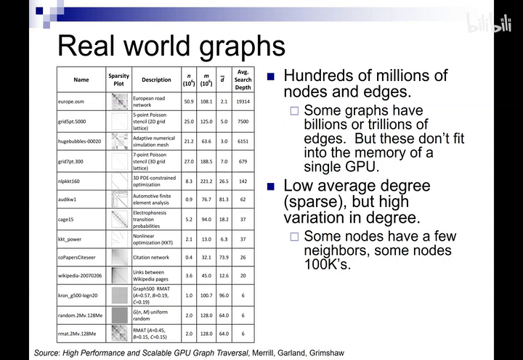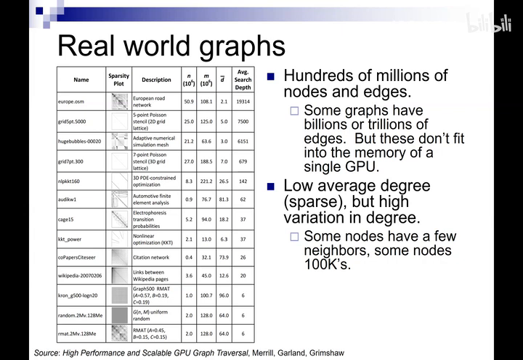However, there's a huge variation in the number of non-zeros per row. For example, in this Wikipedia graph, on average each article has 12 neighbors, 12 links. But you could have some articles that have just 1 link, whereas other articles could have hundreds or thousands of links.